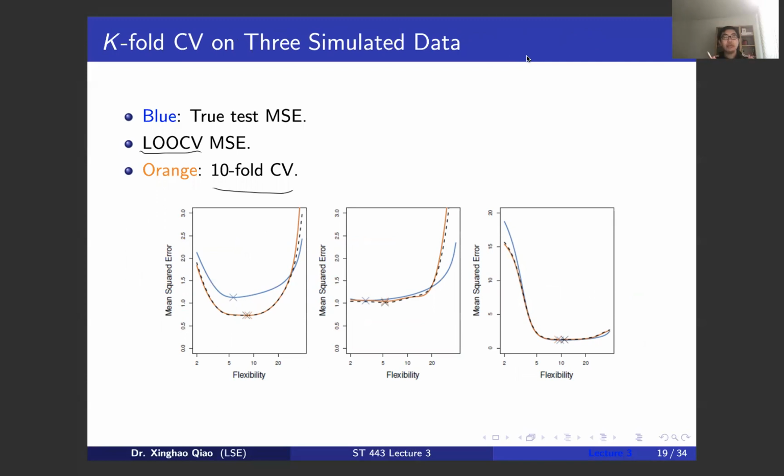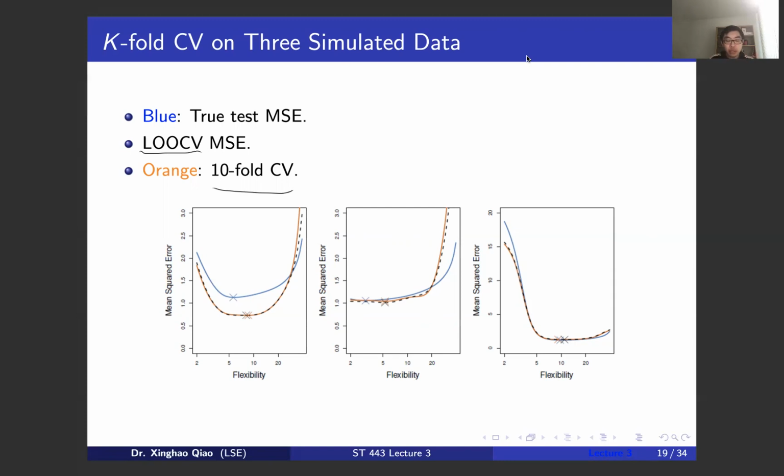The reason why we are using the LOOCV or the tenfold cross-validation is we want to use this cross-validation type approach to estimate the test error. And to evaluate the estimate, you need to know what the true test error is. Then you can make a simulated comparison. So we need to know how the data are generated.